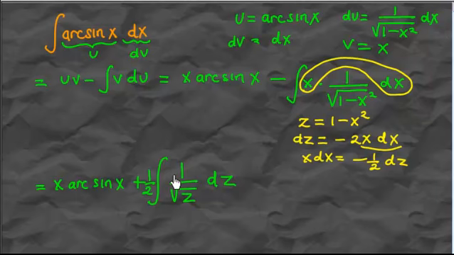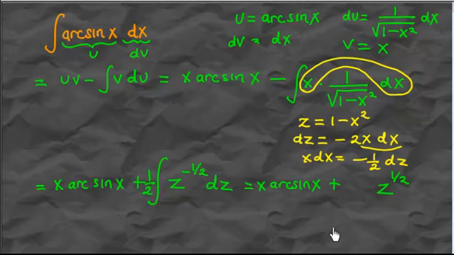Now how do we integrate this? Notice that we can make this into a power function. This is simply z to the power of negative 1/2, dz. Then we can easily integrate that to get x arcsine x plus, increase the power by 1, and then we have, what do we have here?